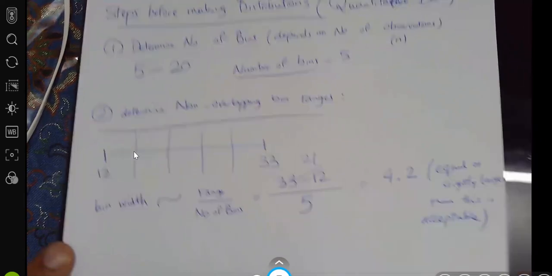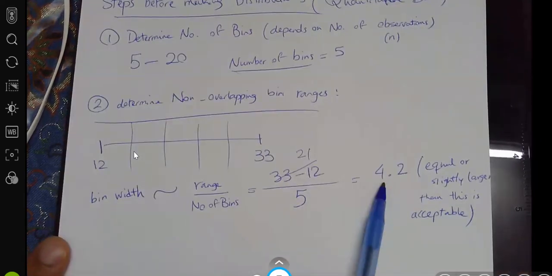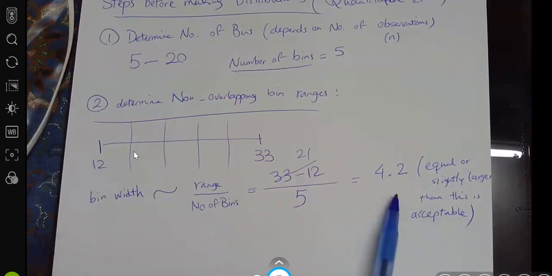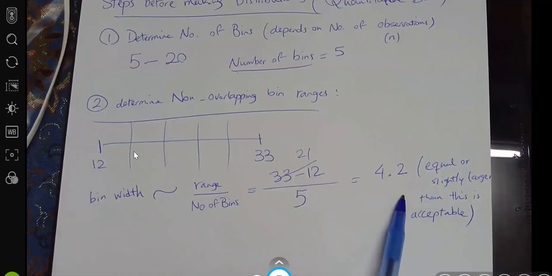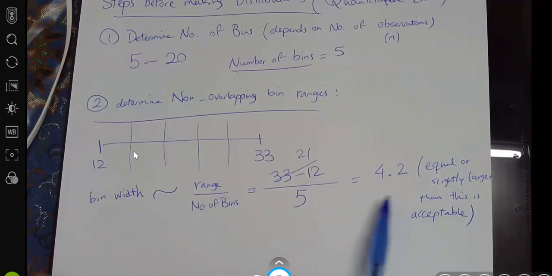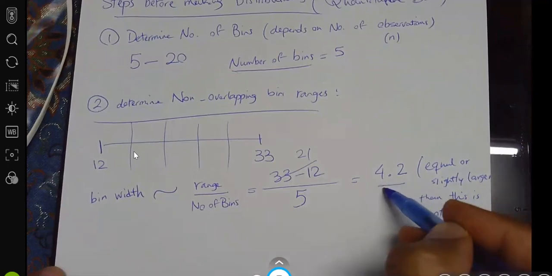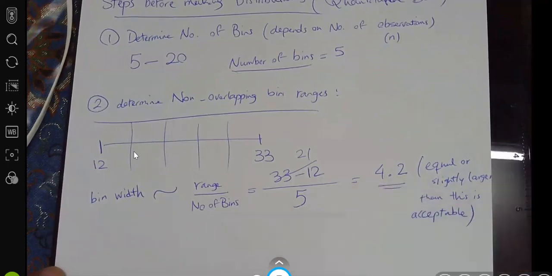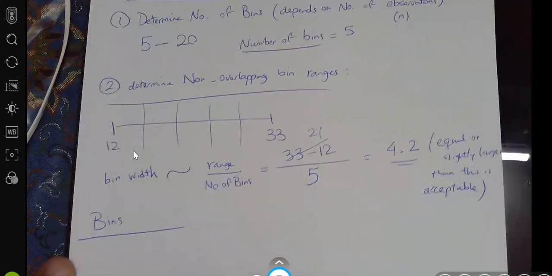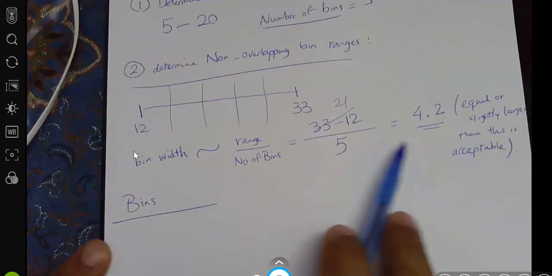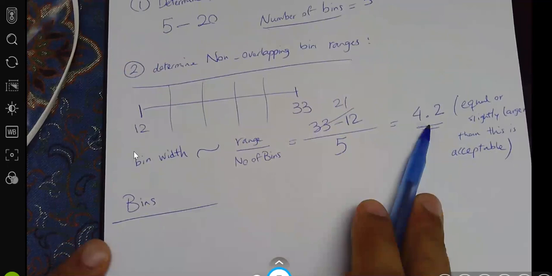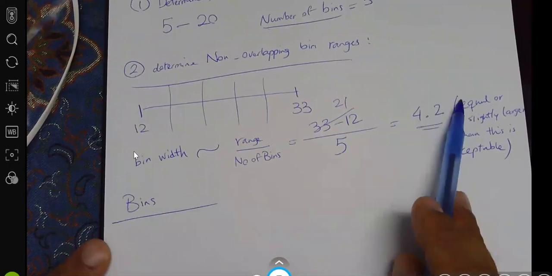Equal bin width can be 4.2 or slightly larger than that, like 4.5 or even 5 should be okay. So I'm gonna go with the exact number here. That's probably easier. If you go with exactly this, you have to start with the minimum. If you go with a slightly larger width, you can start a little bit below it.